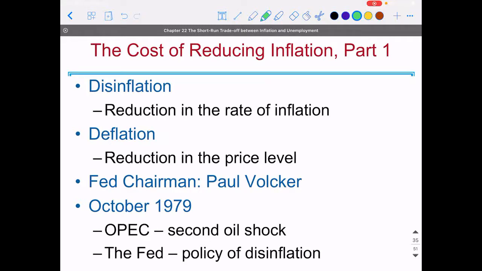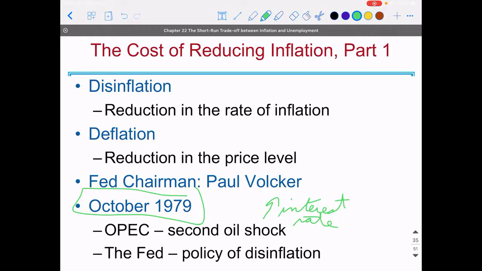Because of the rampant inflation that existed in the 1970s, Paul Volcker was nominated by President Jimmy Carter to be the Federal Reserve Chairman. He took office in October of 79, and he basically dramatically increased interest rates to slow the economy down and forced the economy into a recession, which is exactly what he did, causing an incredibly severe recession in 1981-82.